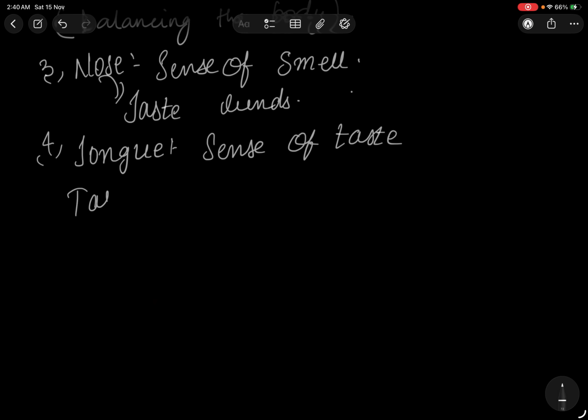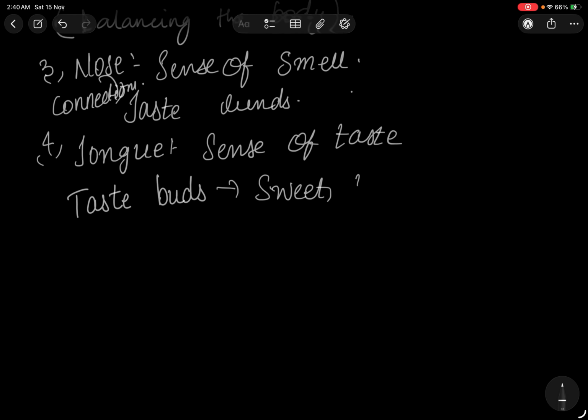It has taste buds. Okay. Like it can say how the food is sweet or sour or salty or etc.